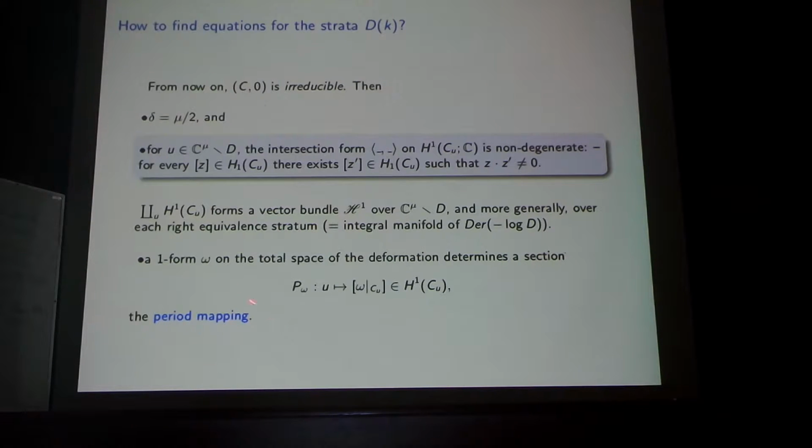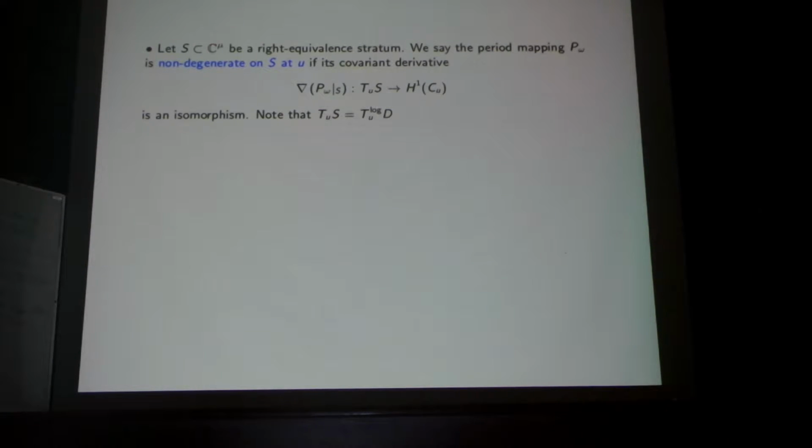This is called the period mapping. And this was studied by Givental and by Varchenko. They introduced the following term. The period mapping is non-degenerate on a stratum if the covariant derivative with respect to the canonical Gauss-Manin connection on the bundle over the stratum is an isomorphism.